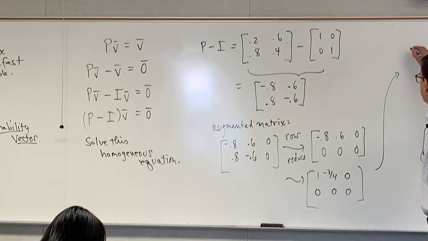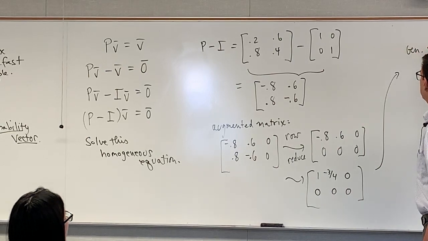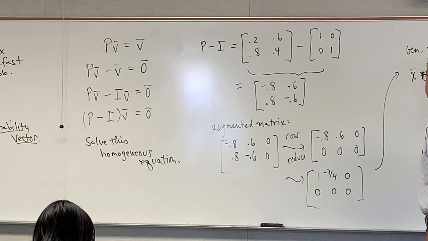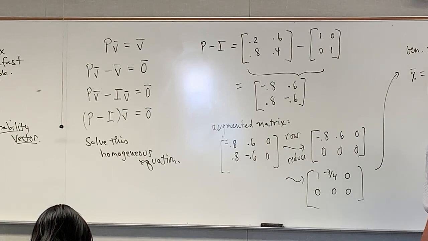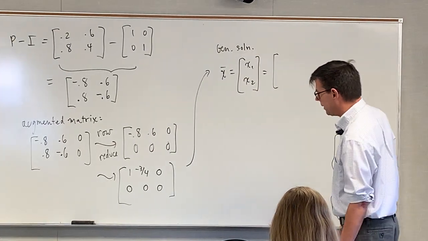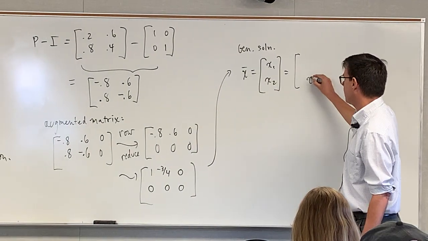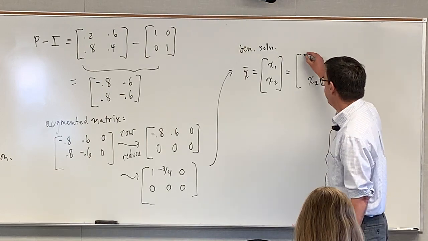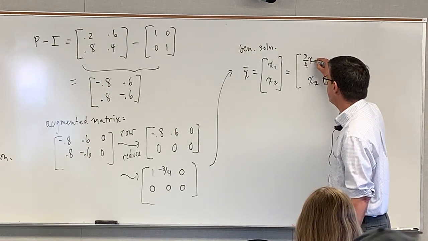And so our general solution x, which is just x1, x2, is going to look like what? x2 is free, right? And x1 is going to be 3/4 x2.